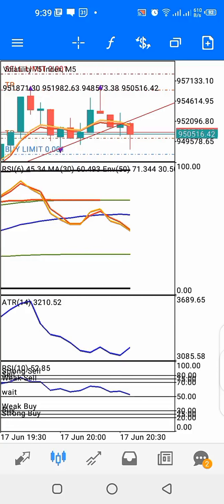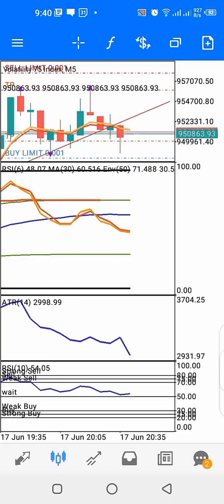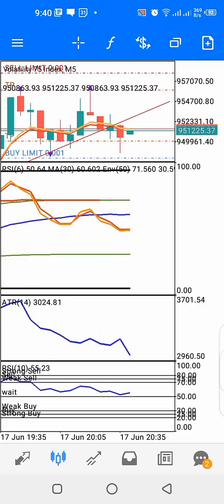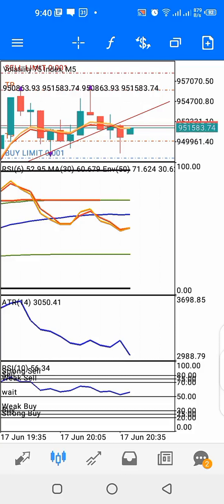So what I just did now is to set my take profit for my buy limit to 3,000 points. I also set take profit for my sell limit to 3,000 points. Right now price is around 951,300 area, and as you can see, we have a rejection, a pin bar saying price may go up.